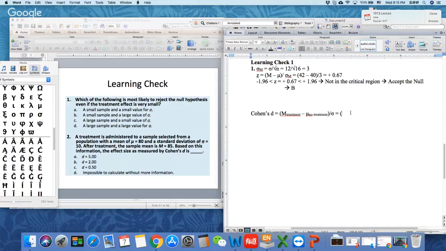So it equals 85 minus 80, divided by sigma, which is 10. Here it's not sigma M, it's sigma. So which is 0.5. We have our answer, it's D.